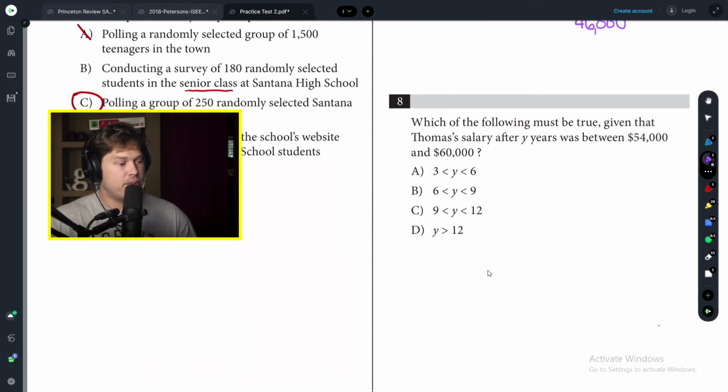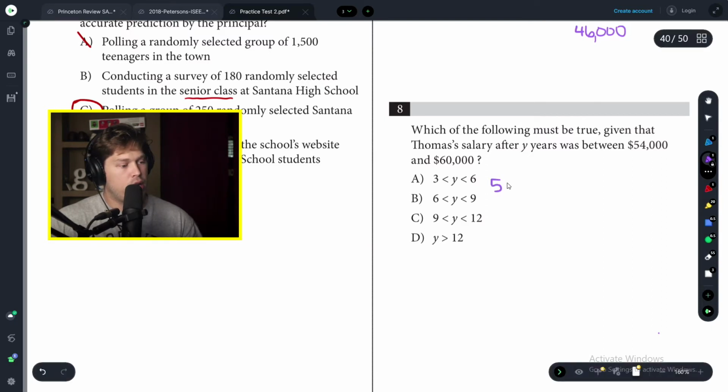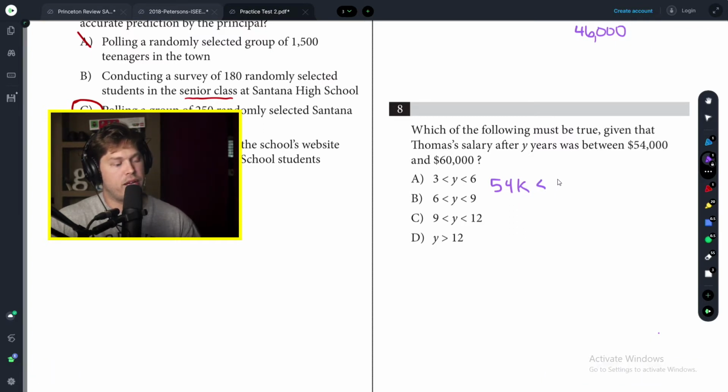Great. Number 8. Which of the following must be true given that Thomas's salary after Y years was between 54K and 60K? So very similar problem in terms of solving. So we have 54K is less than what?